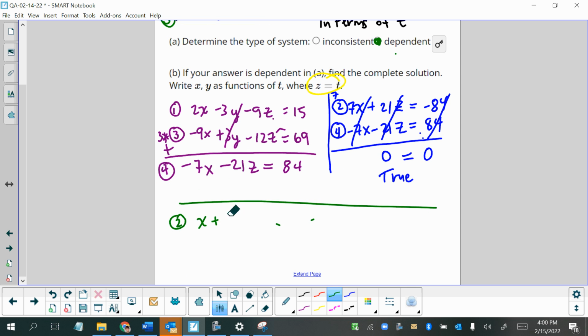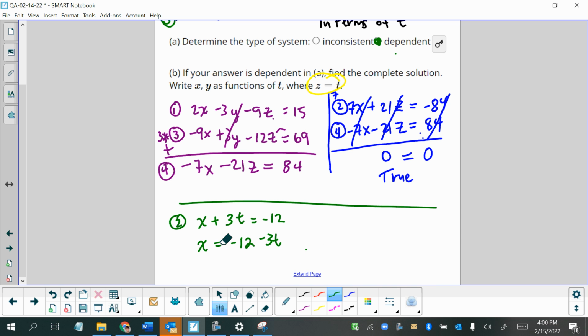And we're going to solve for x and replace, first of all, the z with t, since now we know we're going to be using t instead of z. Why? I don't know. It's a weird question, but it's okay. So we replace the z with t. Then we're going to solve for x. So we subtract 3t on both sides, and we get x is equal to negative 12 minus 3t.